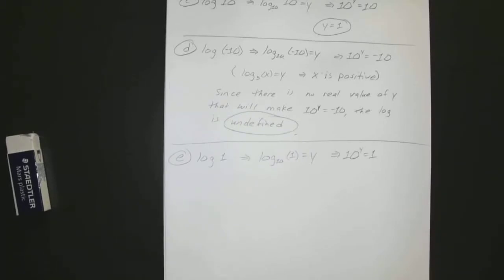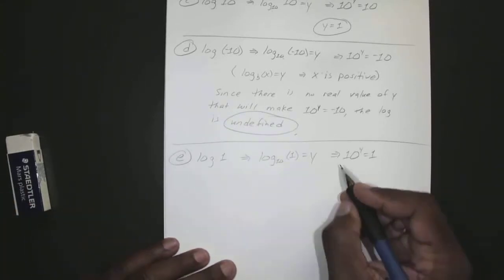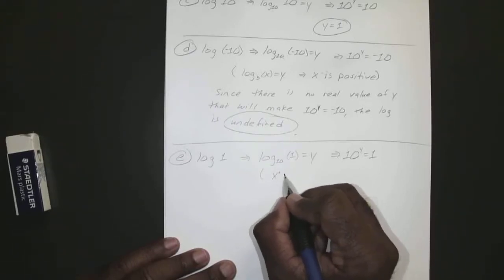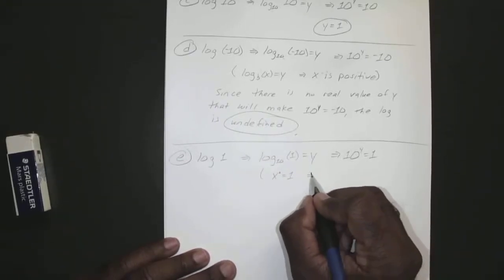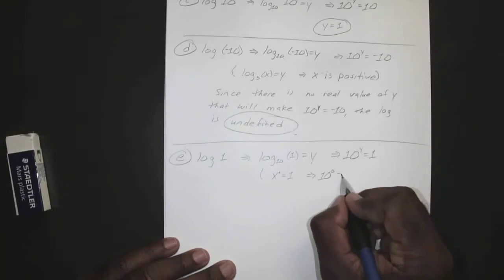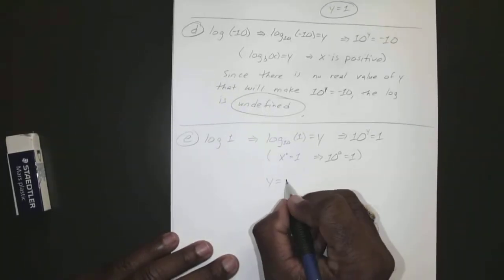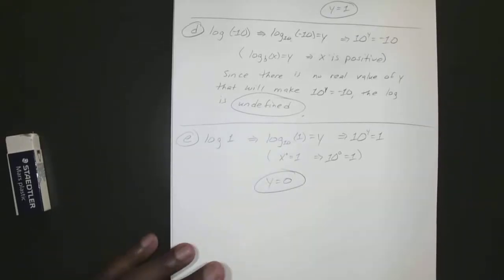So we know anything to the power of 0 is just going to be 1. So x to the power of 0 equals 1, which means that 10 to the power of 0 will equal 1. So we know that y has to equal 0. All right. Any questions on those?